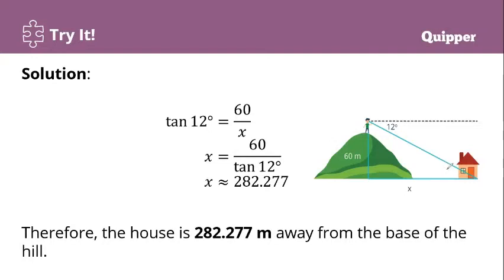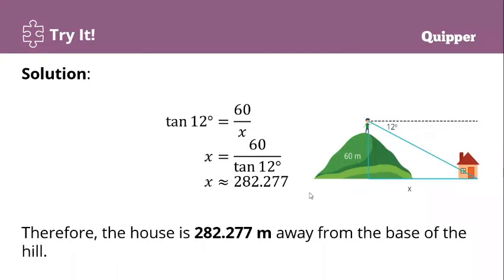This is 12 degrees, taking the alternate interior angle. So 60 is opposite while x is the adjacent side. The answer is approximately 282.277 meters. Therefore, the house is 282.277 meters away from the base of the hill, using the second solution that I presented earlier.